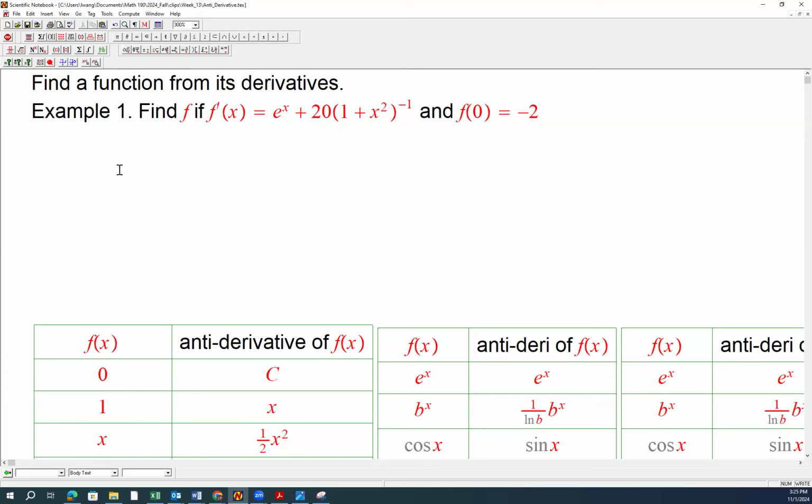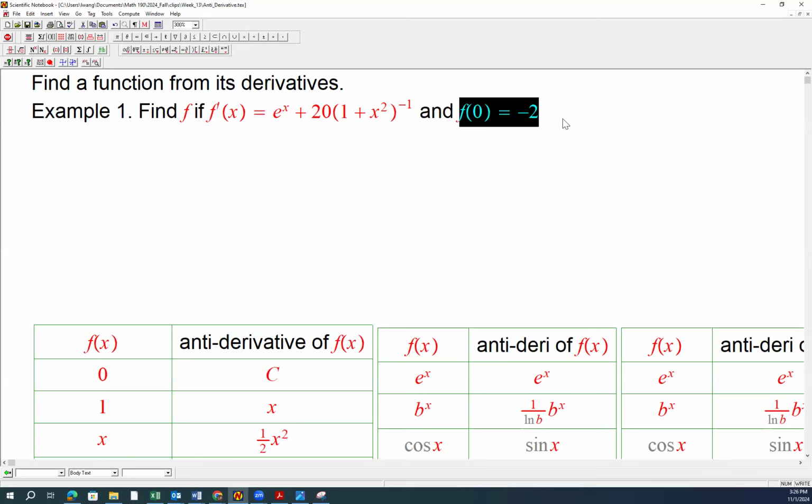But just as some example, these kinds of questions, sometimes in a differential equations course, is called solving differential equations, okay? But here we don't call it that. We just want to, from the first order derivative that's given, find the function itself, okay? And we are also given some additional conditions.